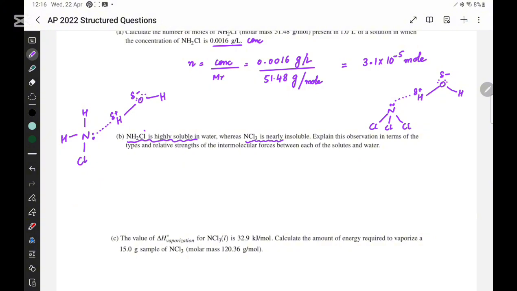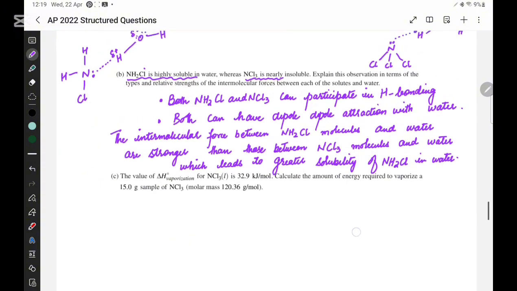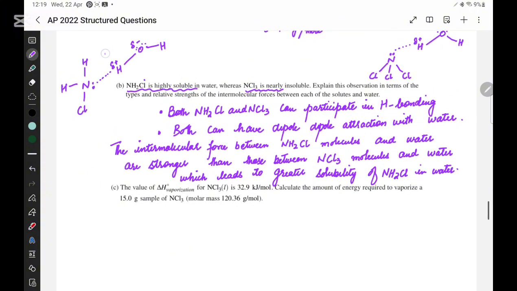How am I going to write it? This is a correct way of writing the explanation: both of them are developing hydrogen bonding with water, and they both are developing dipole-dipole attractions with water, but the intermolecular forces between NH2Cl molecule and water are stronger than those between NCl3 molecule and water, which leads to greater solubility of NH2Cl in water.